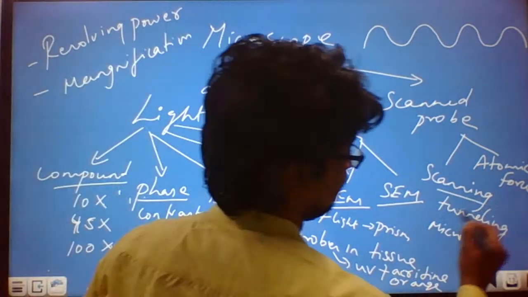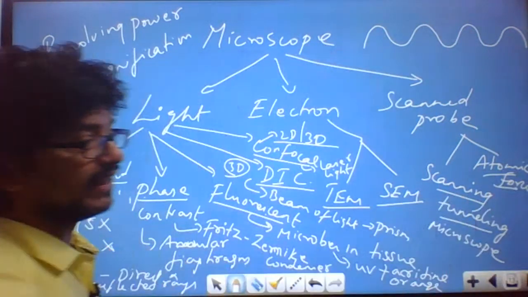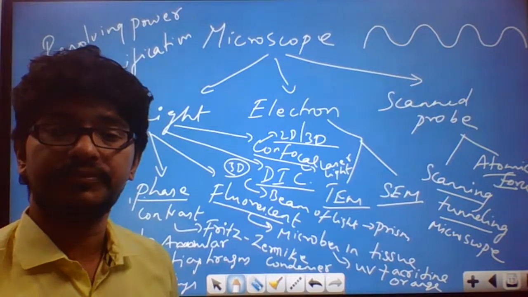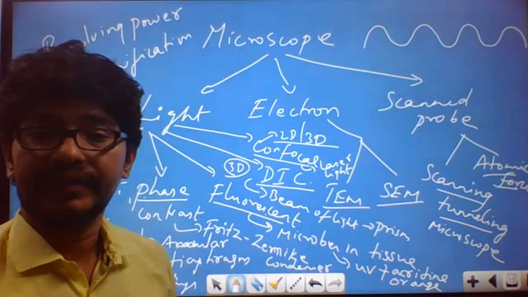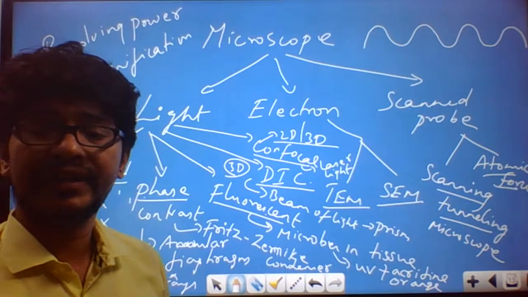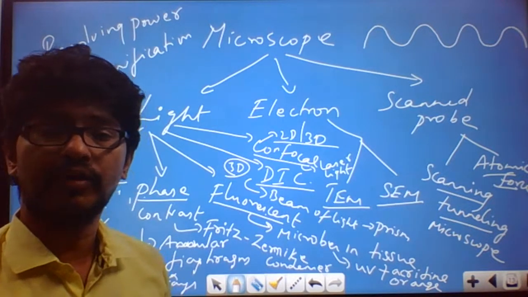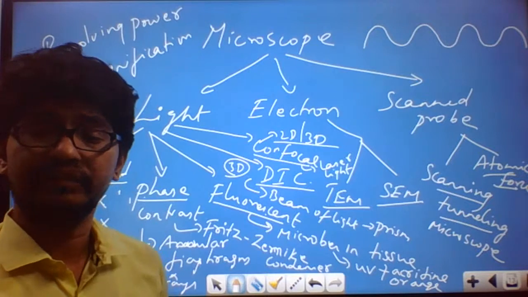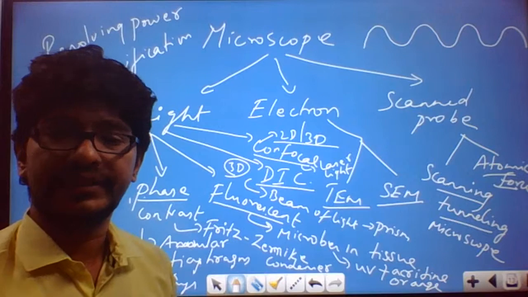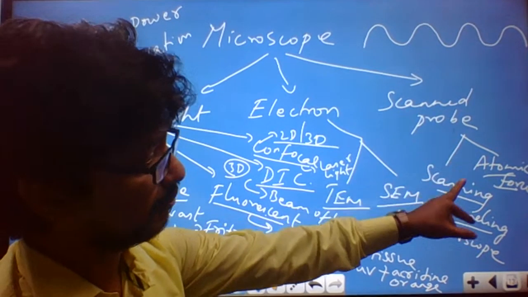This is a quite expensive microscope. Where do we use the scanning tunneling and atomic force microscope? Where you want to see the molecules present inside the cell. Inside the cell, if you want to see the DNA, RNA, macromolecules, micromolecules, DNA structures, and study molecular details more deeply, then you can go with the scan probe microscope.